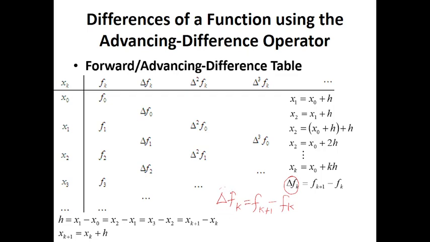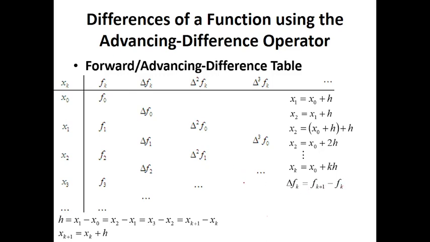In obtaining the first differences of this function, simply subtract the preceding functional value from the successive functional value of f. Or simply, delta f sub k is equal to the successive functional value of f minus the preceding functional value of f, so f sub k plus 1 minus f sub k.